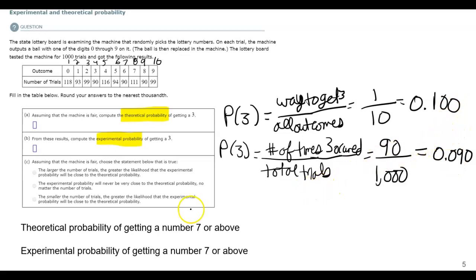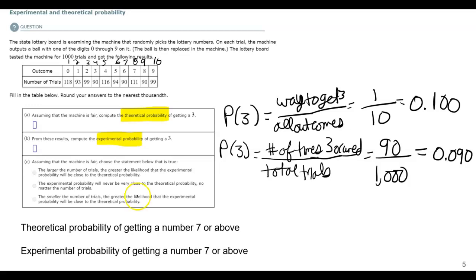The last one we're going to do together is assuming that a machine is fair, choose the statement below that is true. The larger the number of trials, the greater the likelihood that the experimental and theoretical probability will be closer. The experimental will never be close to the theoretical. Smaller number of trials means the closer the two probabilities will be.